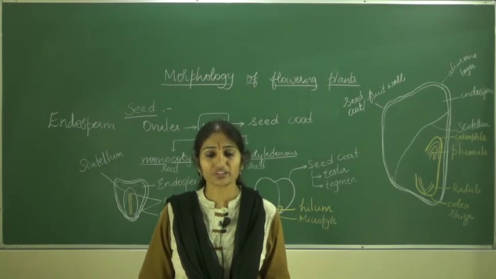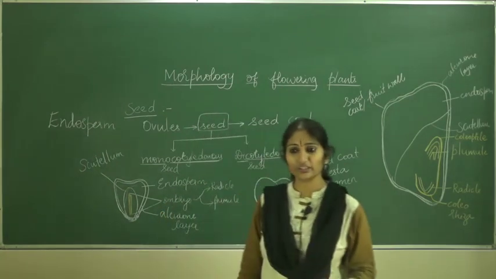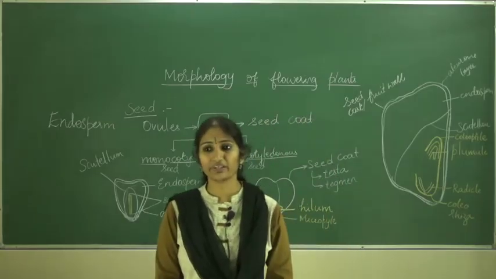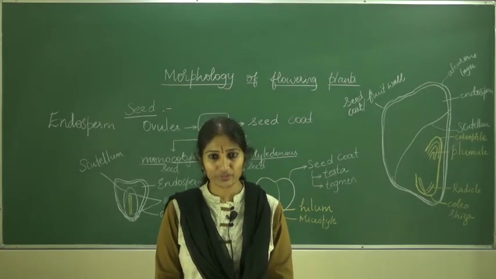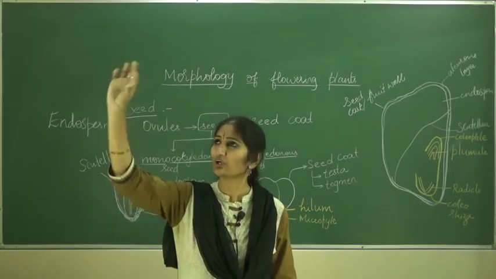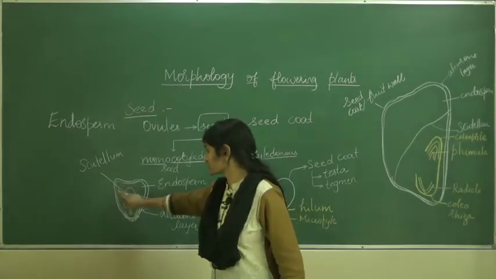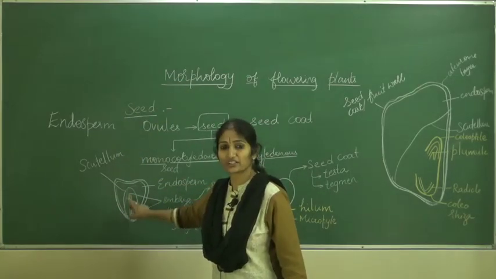But in the case of most monocots, the endosperm is retained for quite a long time. If you have seen the corn, take one corn and keep it towards the light, and you can see one yellow colored structure and one middle white colored structure.